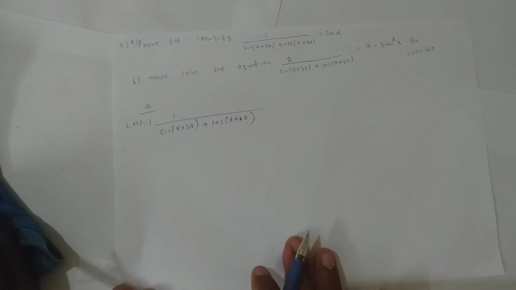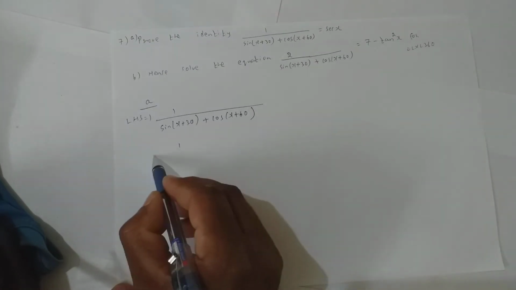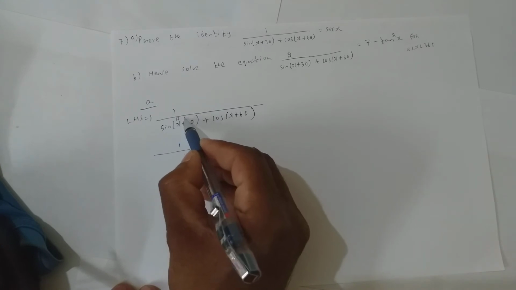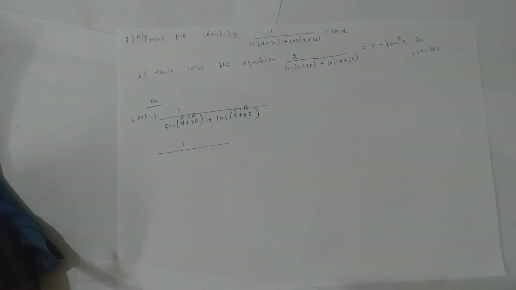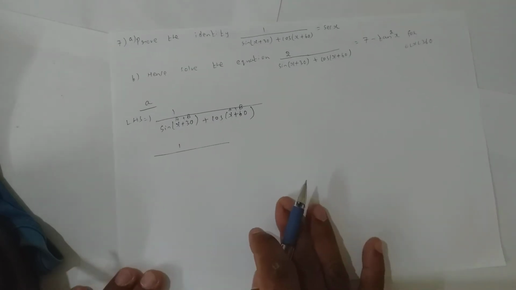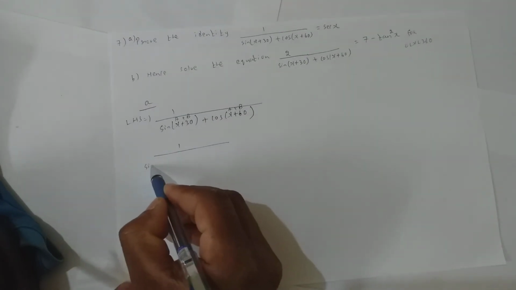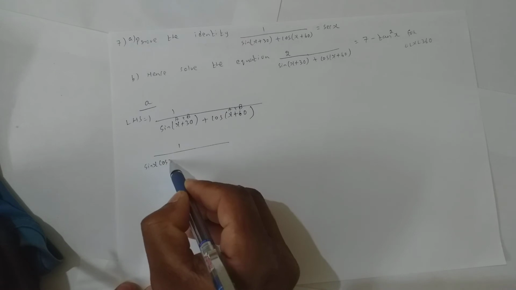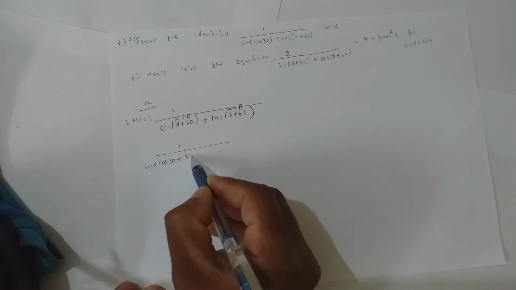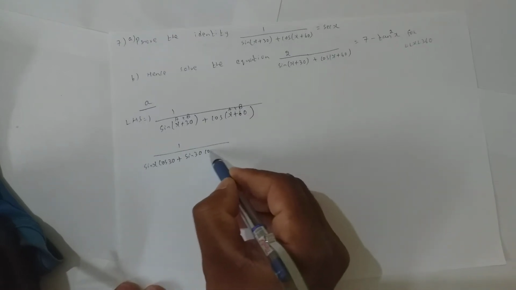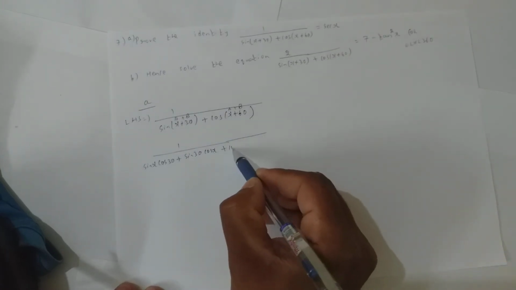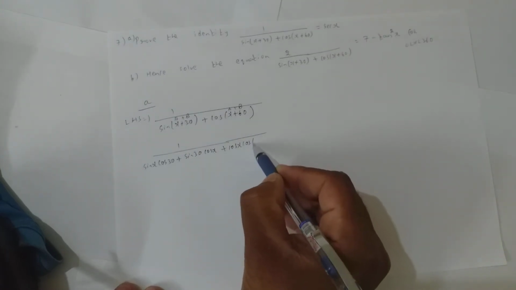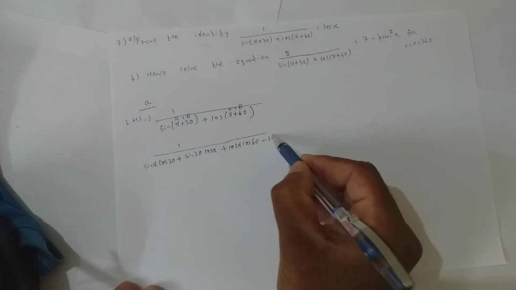Now how can I simplify it? By using the formula for sin a plus b here and cos a plus b here. Right? So now sin a plus b is nothing but sin a cos b plus sin b cos a. Same thing for cos a plus b is cos a cos b minus sin a sin b.